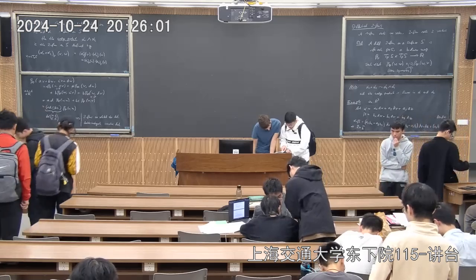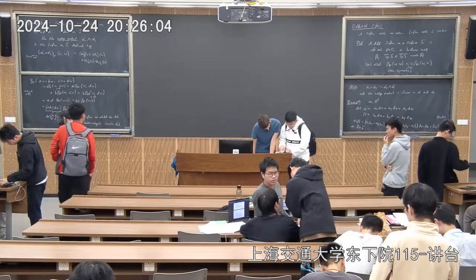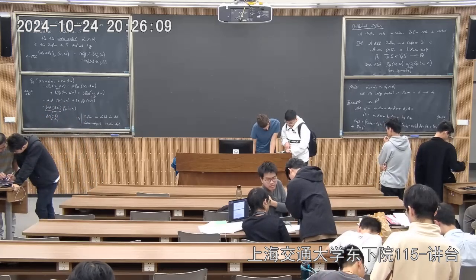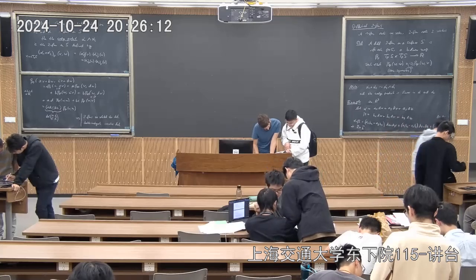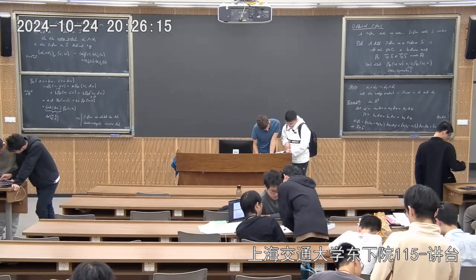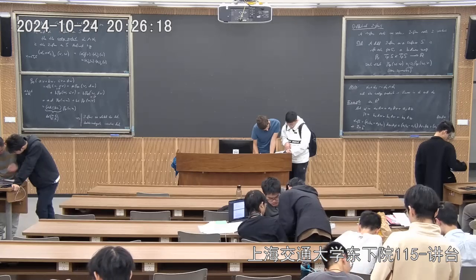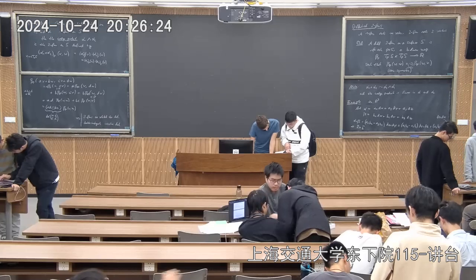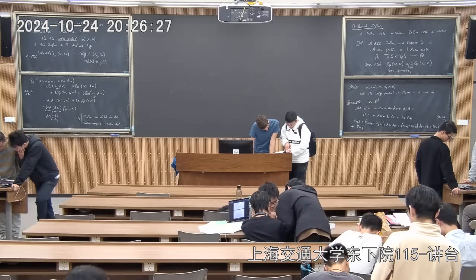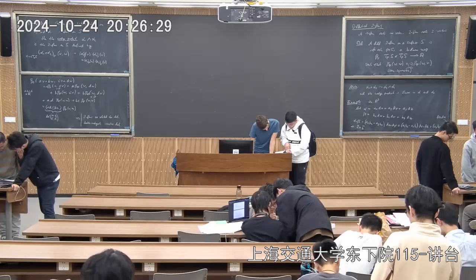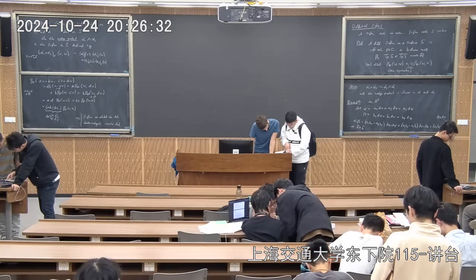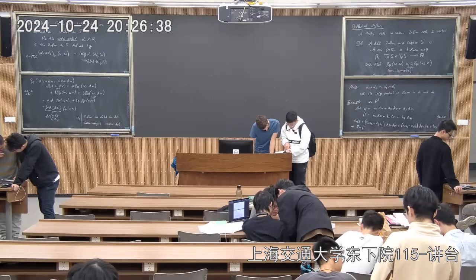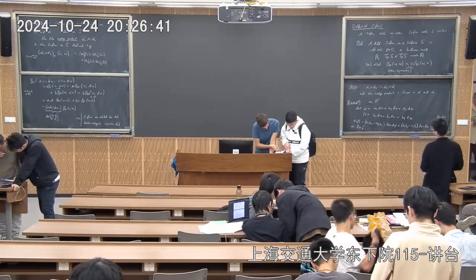That's a good question. P is a seminorm, so the left-hand side may even be a convex number. It's the same problem here.